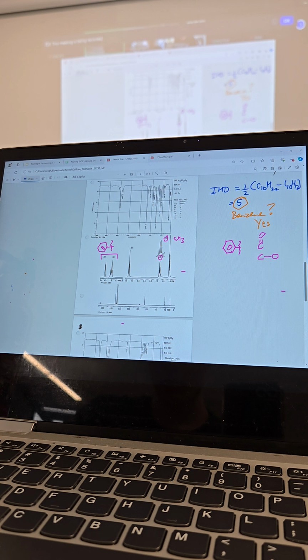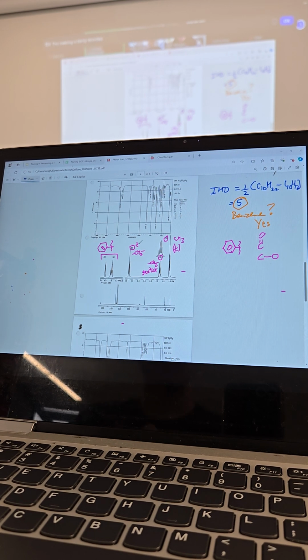We have a signal for 2 hydrogens, a methylene, and another methylene. But look at the multiplicities. The methyl is a triplet. The methylene is a sextet. And the second methylene is a triplet.